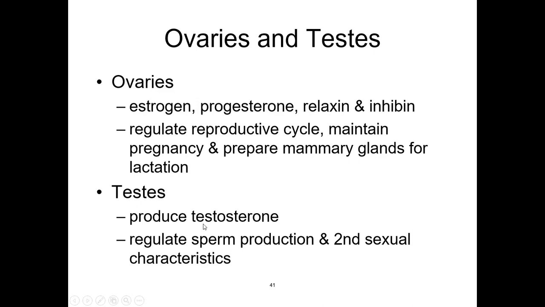Testes: the hormone testosterone is a main steroid produced here, stimulating sperm production and helping the forming of secondary male sexual characteristics. Testosterone also has receptors in almost every cell in the body, and we'll be seeing the effect of that as we go through many, many chapters.